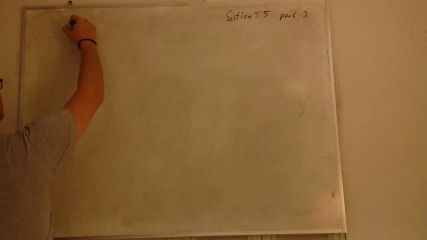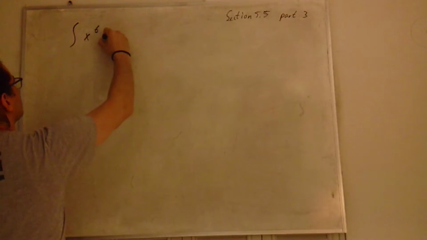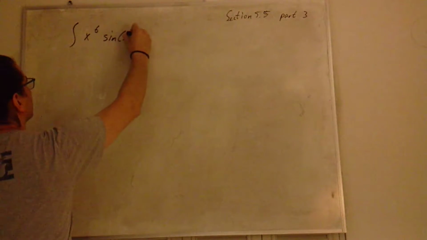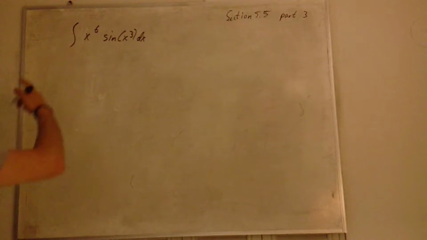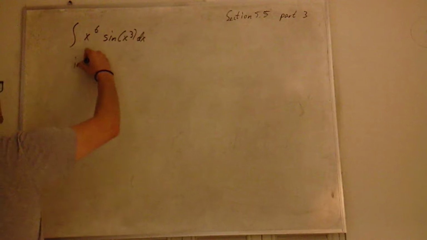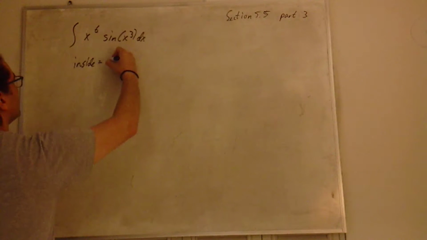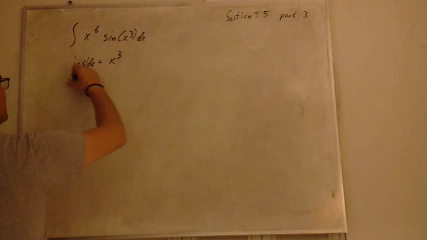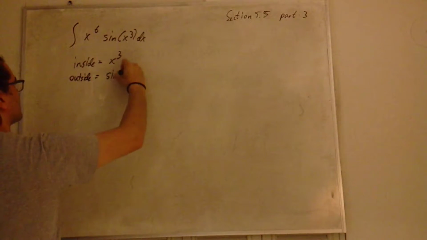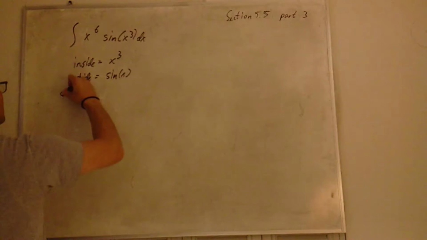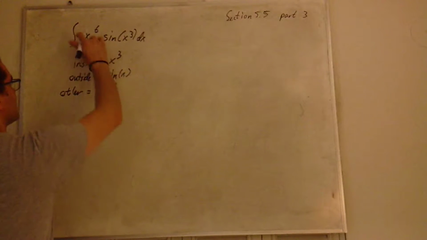let's do an example. Let's say the integral of x to the 6th times the sine of x cubed dx. The inside is x cubed, the outside is the sine of x, and the other is x to the 6th and dx.